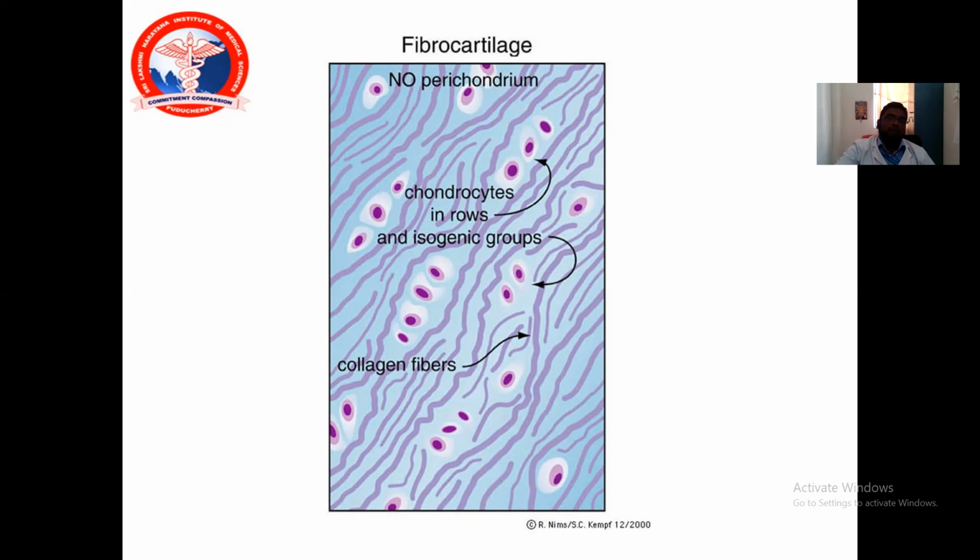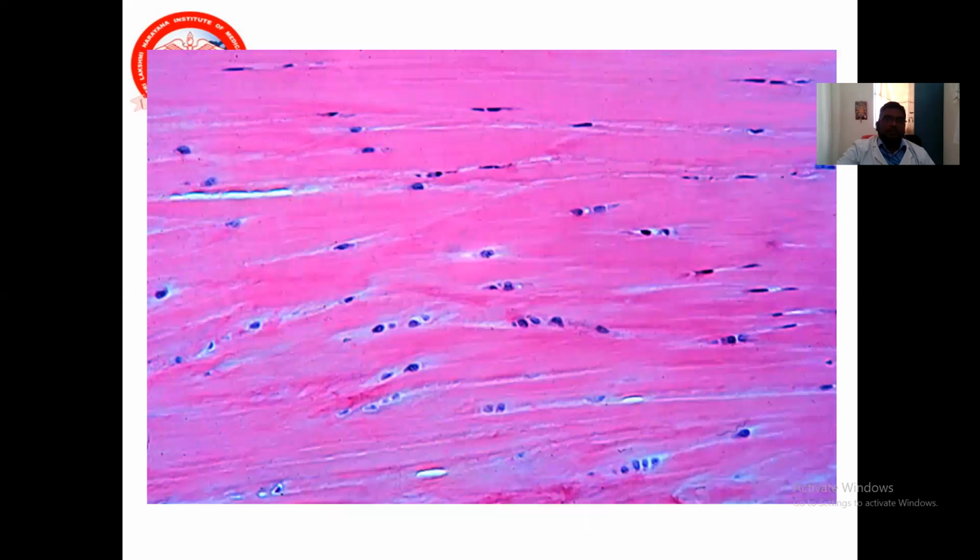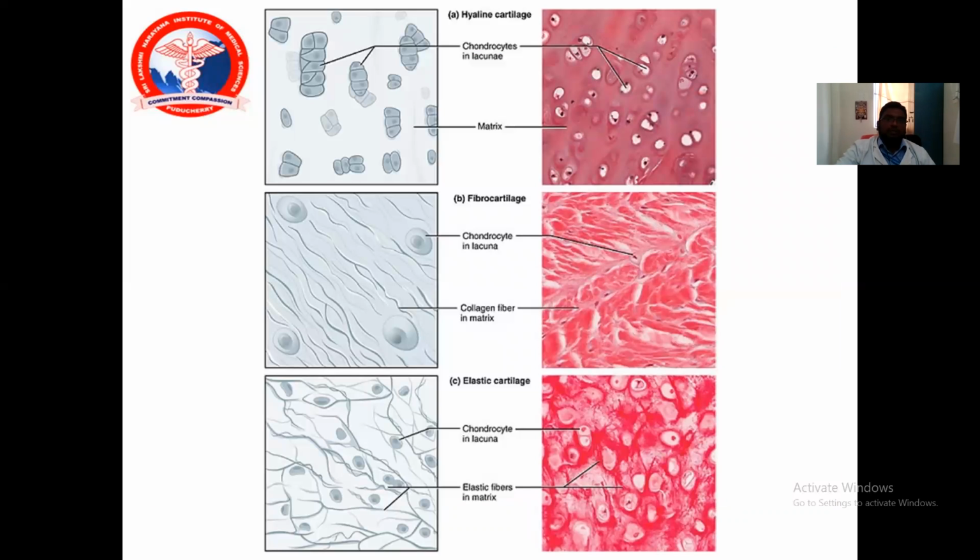This is the histological diagram of your white fibrocartilage, where the cells are arranged in rows. The collagen fibers run in different directions, towards another direction.